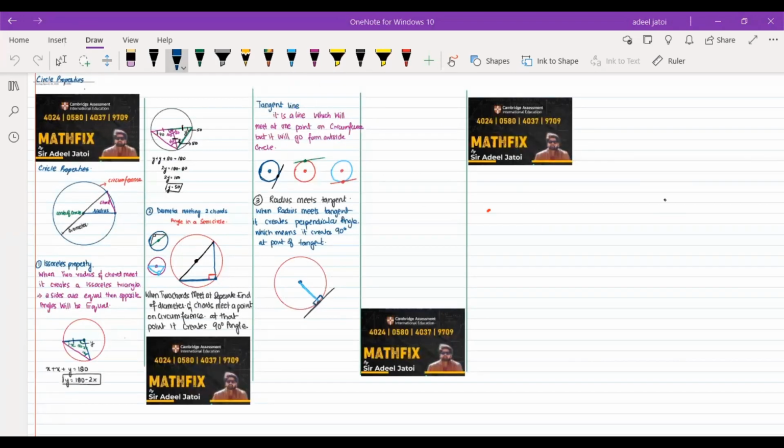Okay, ji. So up till now, we have done three properties. Number one was the isosceles property. Number two was diameter meeting two chords, which is angle in the semicircle. Then we did radius meets the tangent.